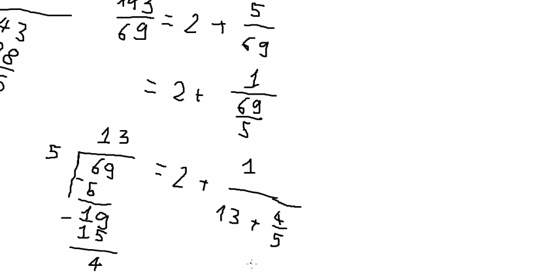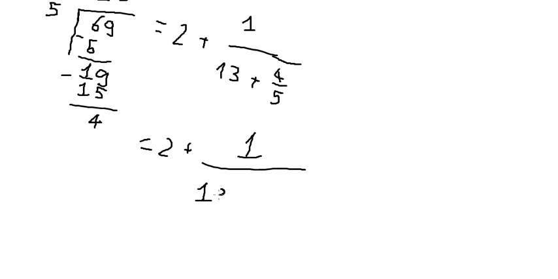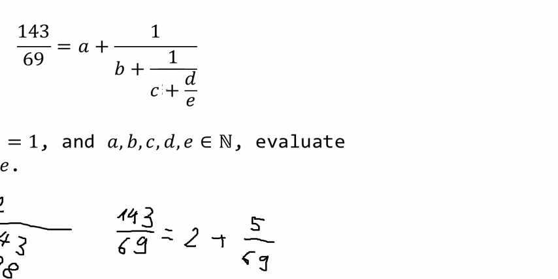Next, we do the same technique for number 4. So we put 2 plus 1 over 13 plus 1 over 5 divided by 4, because you get c plus d over e right now.